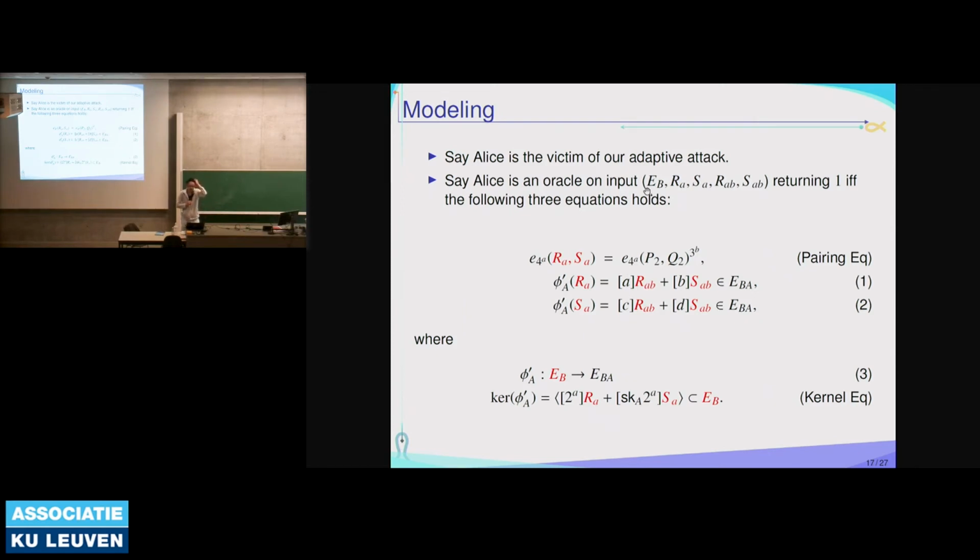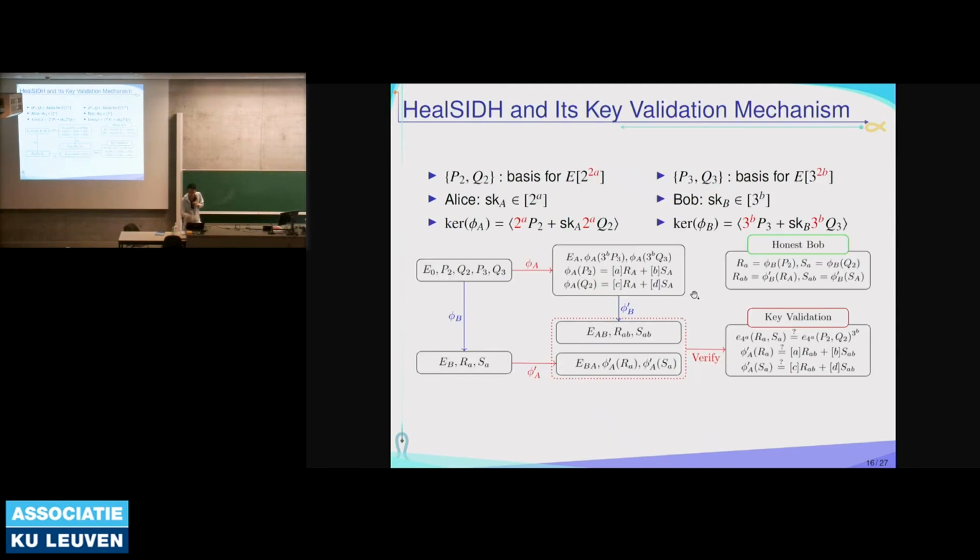So again, we say Alice is the victim of our adaptive attack, and say Alice is an oracle taking on input EB, RA, SA, RAB, and SAB. We have more points here because Alice needs more information to do the commutativity check.